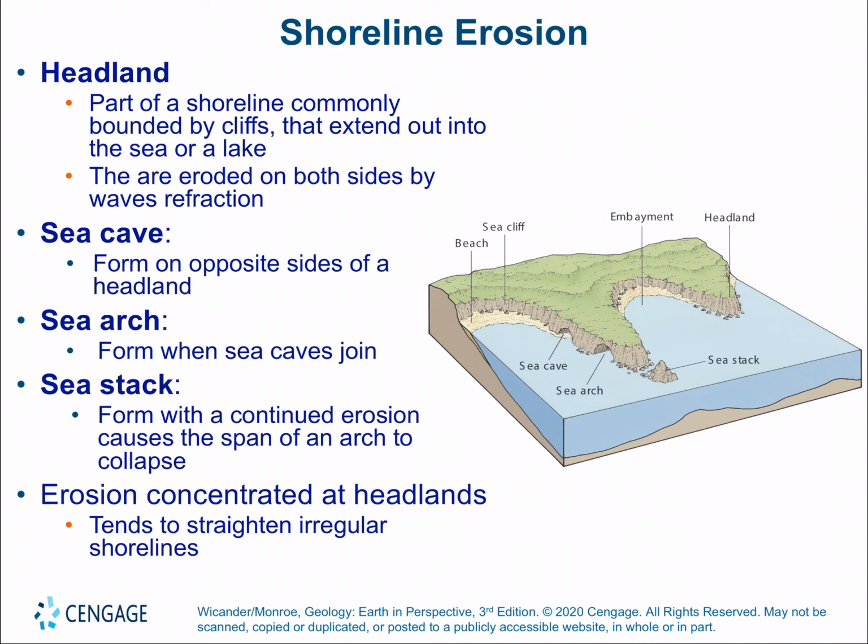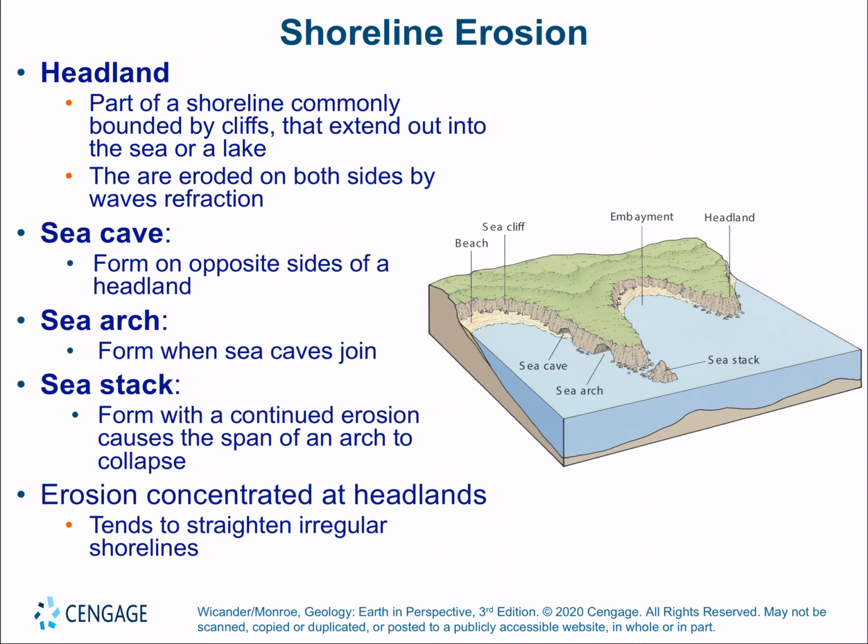You can see your sea cave that is on the opposite side of a headland. The sea arch that you see in this diagram forms when sea caves join. The sea stack is formed when you have continued erosion and the arch basically collapses.